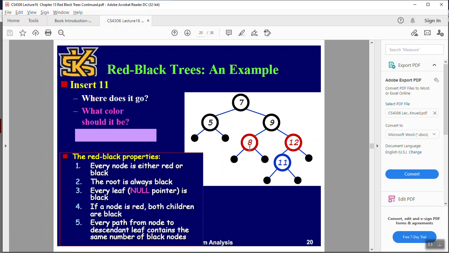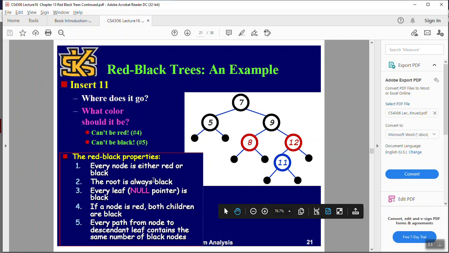So what color should it be? In order to set the color, we need to follow these properties and maintain all of them. Since its parent is red, we cannot make it red.